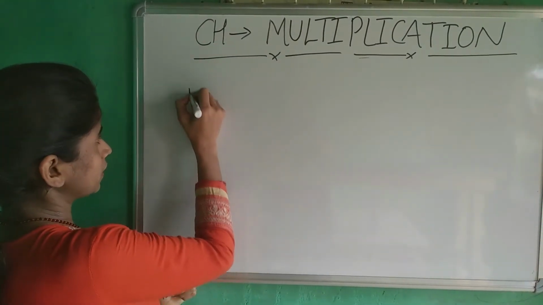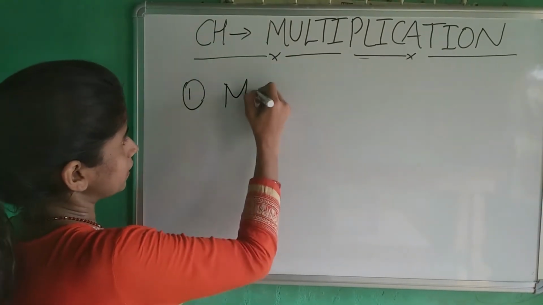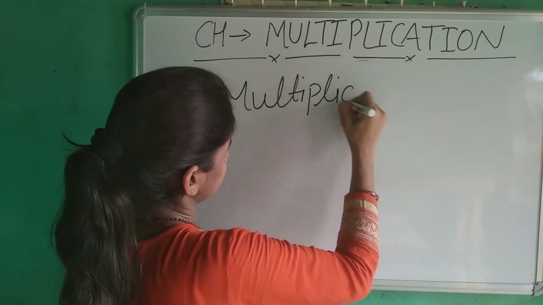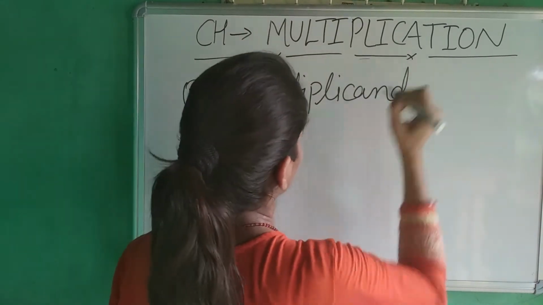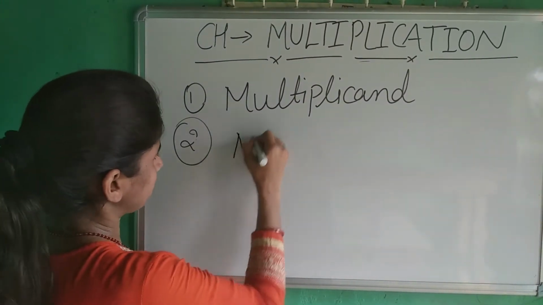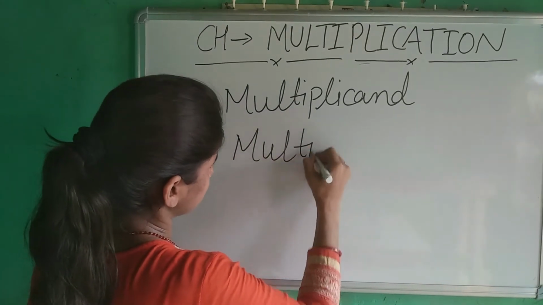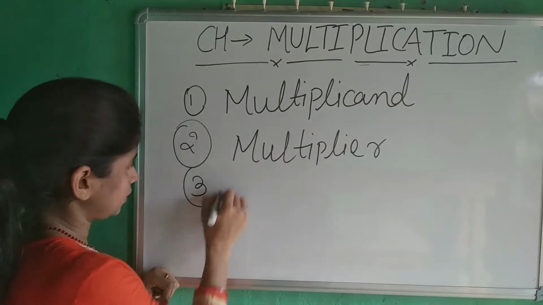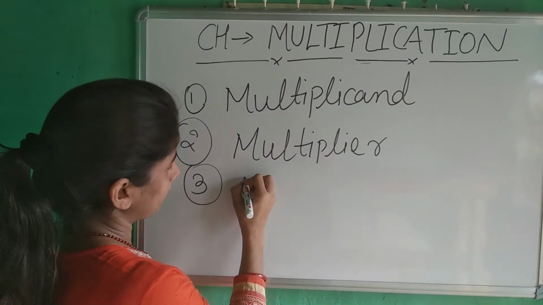The first one is multiplicand. The second one, multiplier. And the third one is product.